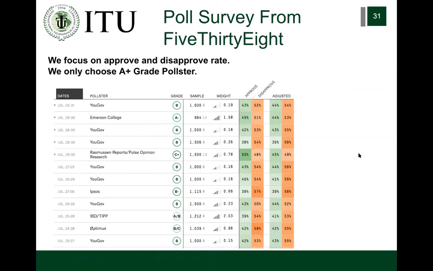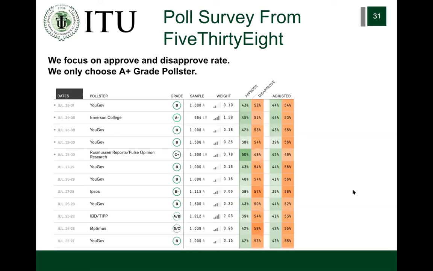From this website we can see the date of the polls and which organization did the poll, and this website also gives a grade for each organization. We can see that an A or A plus grade means they agree with these polls and they value this poll rating.